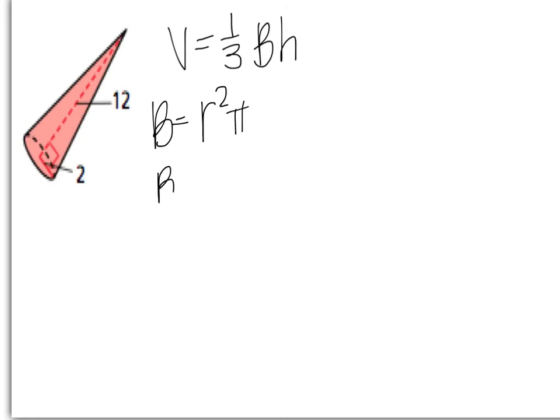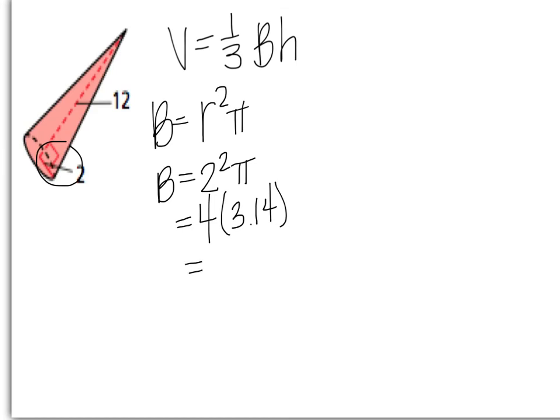So let's just plug in what we know. I see that my radius here is 2, so I'm going to do 2 squared times pi, which I can rewrite as 4. And I also know that pi, we're going to use 3.14. When I multiply those out, I get 12.56. Now I can take that and plug it into my equation. Volume equals 1/3.